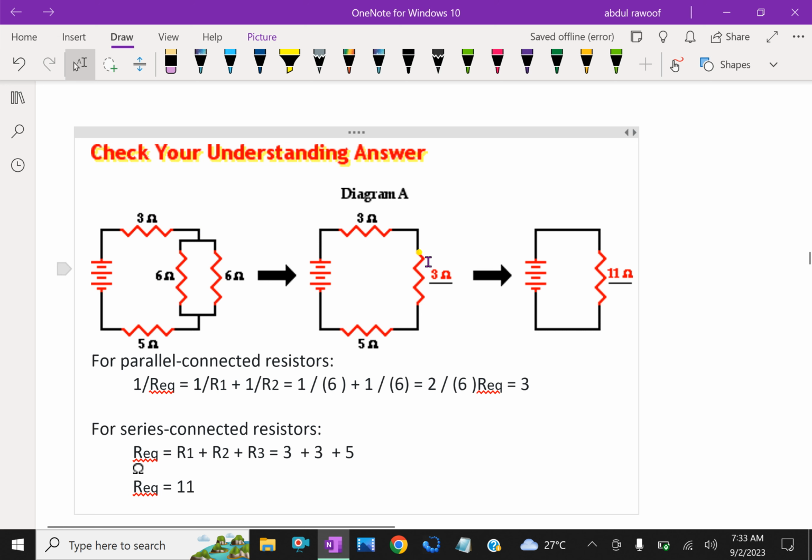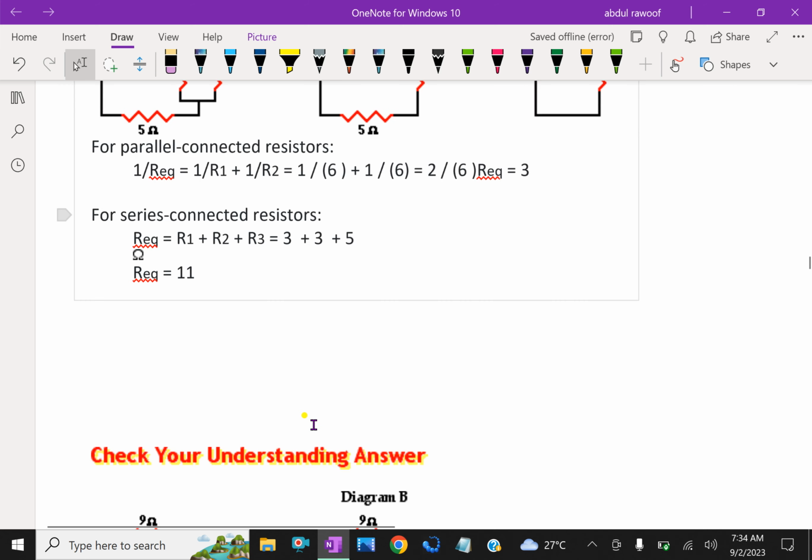So these are series circuits. 3 plus 3 is 6, and this is also in series with 5. So the total resistance is R1 plus R2 plus R3, that is 3 plus 3 plus 5, 11 ohms.